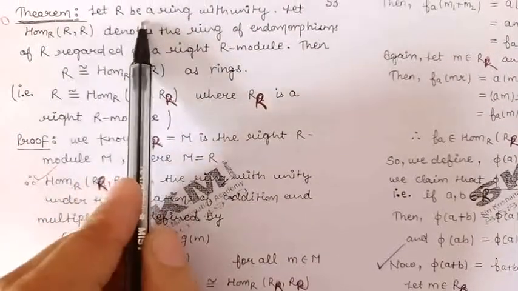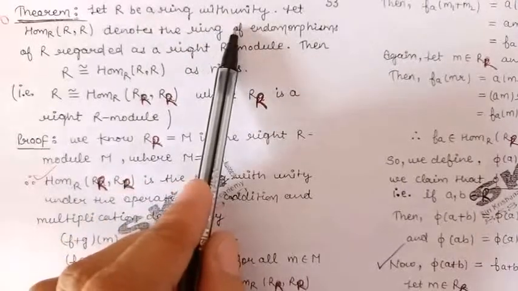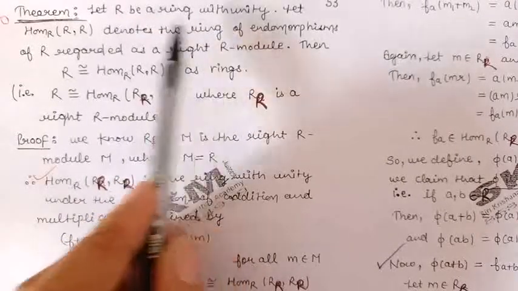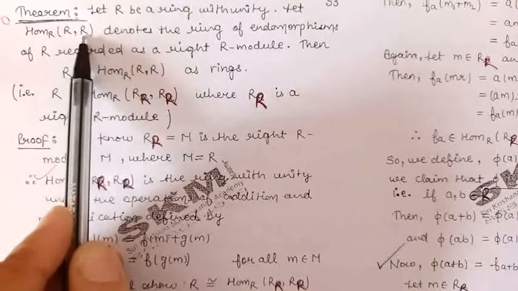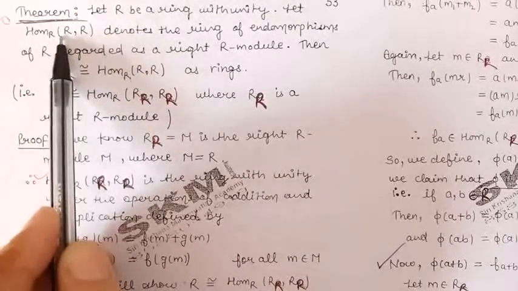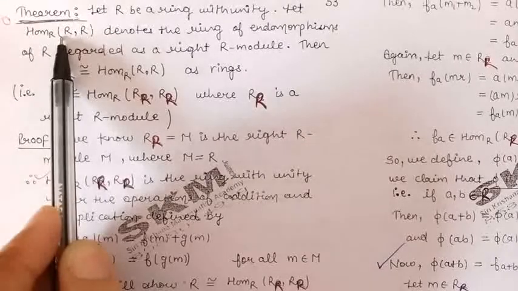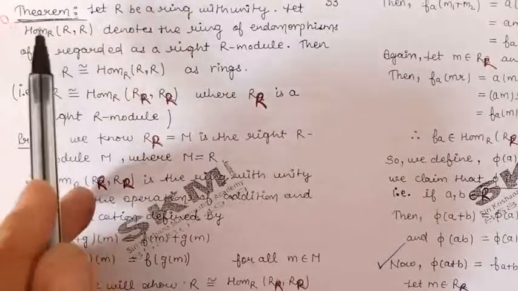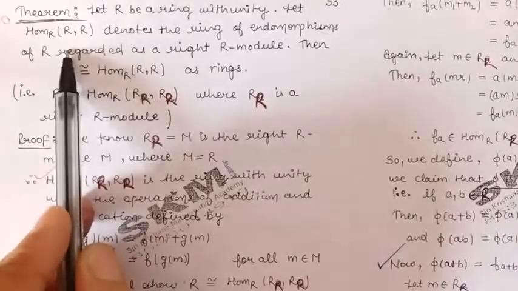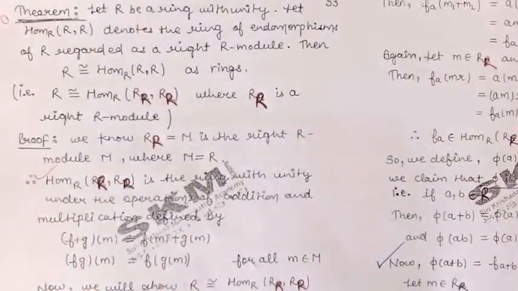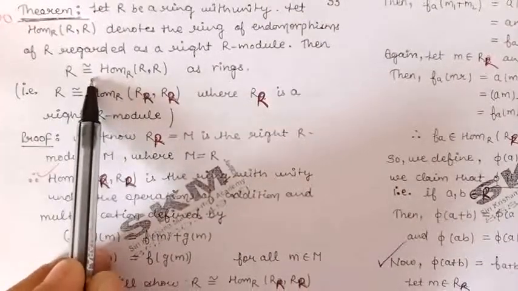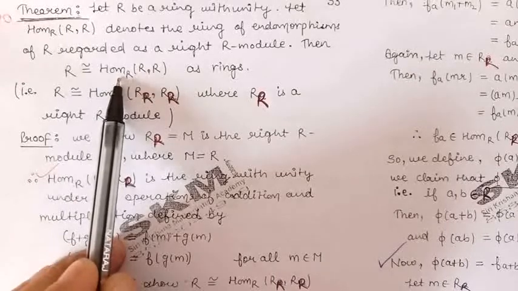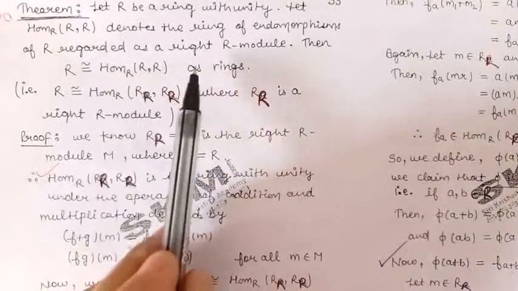R is a ring with unity and Hom_R(R, R) denotes the ring of endomorphisms of the ring R regarded as a right R module. Then we are to prove that the ring R is isomorphic to the ring of endomorphisms of R as rings.